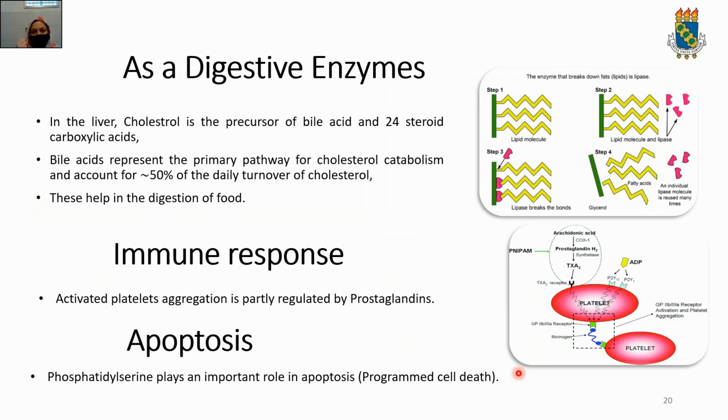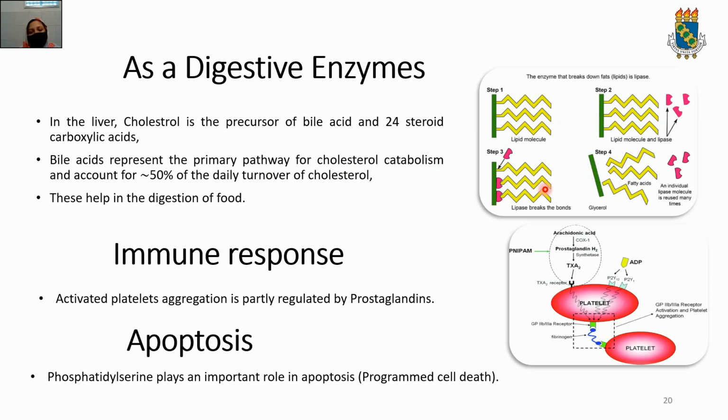So if you are familiar with lipase, this is the enzyme which breaks down the fats, and bile acid represents the primary pathway for cholesterol catabolism and accounts for almost 50% of the daily turnover of cholesterol. So these also help in the digestion of food.